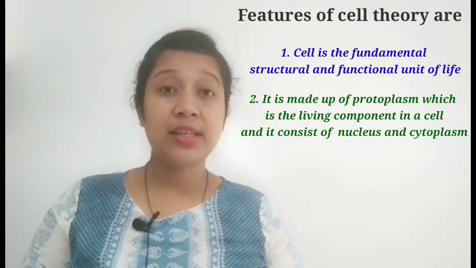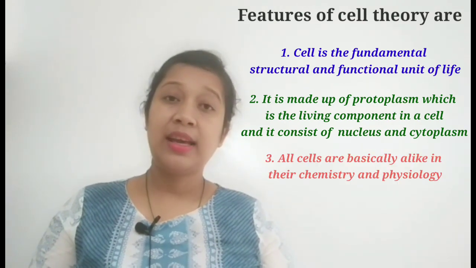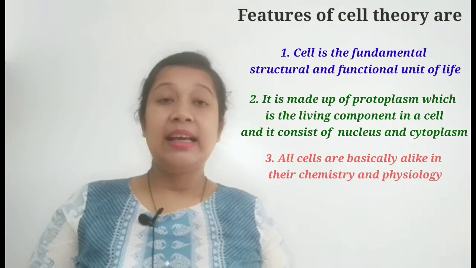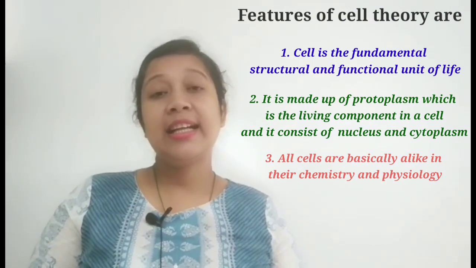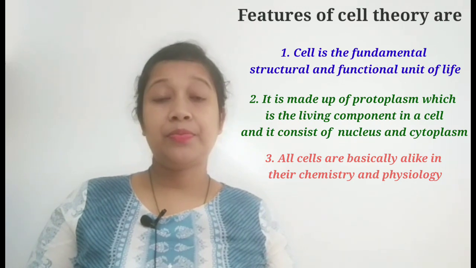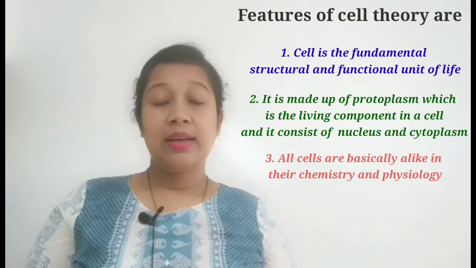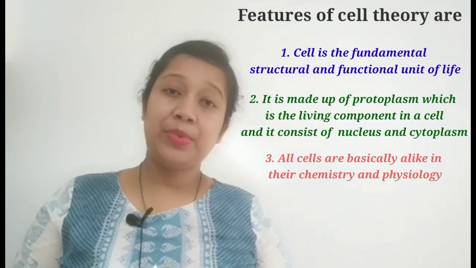Now let's come to the third statement proposed by Schleiden and Schwann, and that is that cells are all alike in their structure and function. So the statement is quite simple.